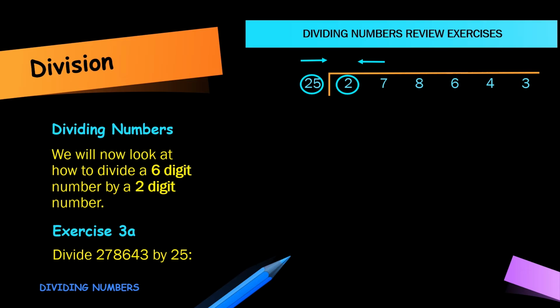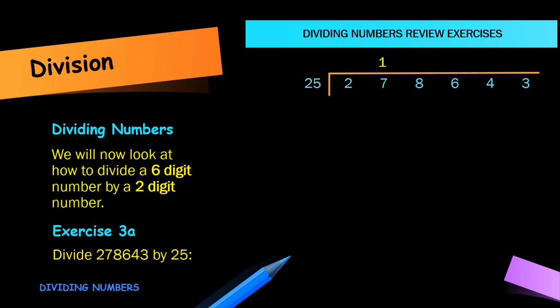Now check how many times 25 goes into 27. There is 1 25 in 27. So we put 1 here, as shown.